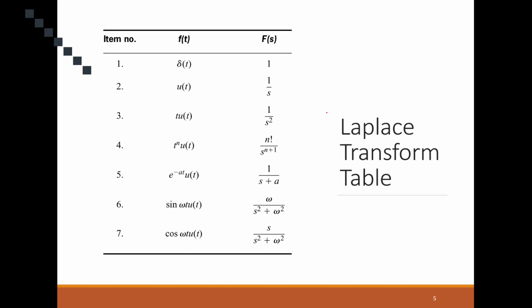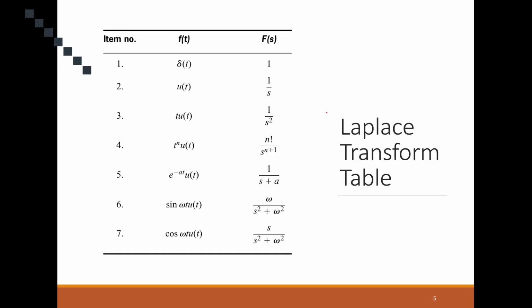Each individual type of function, if you take the integral, would have a specific Laplace function. For example, if you have a delta, the Dirac delta function, the Laplace transform of that would be 1.